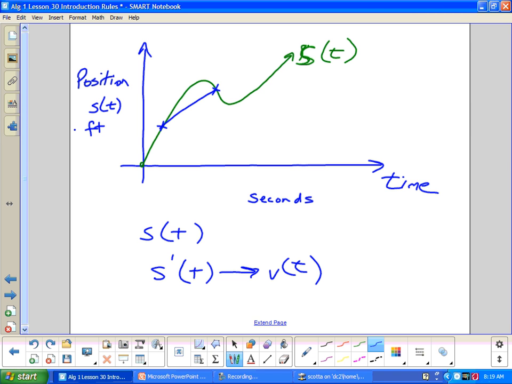Now if you have a velocity, feet per second, and you take the derivative of that with respect to time, that is acceleration. And so the derivative of v is acceleration. Now, believe it or not, you can take the acceleration and take the derivative of it.